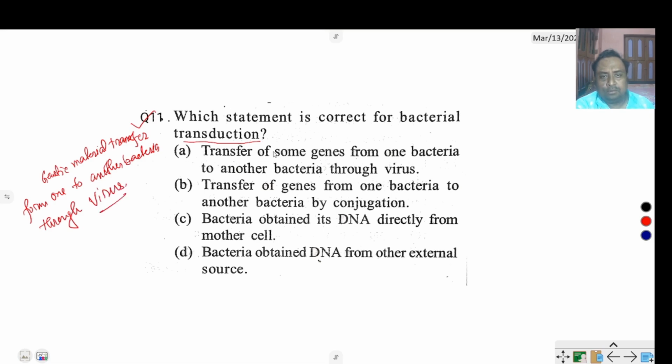The transfer of some genes from one bacteria to another bacteria through virus. This is the correct option.